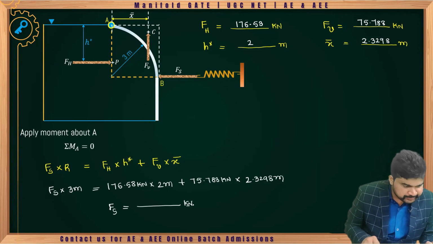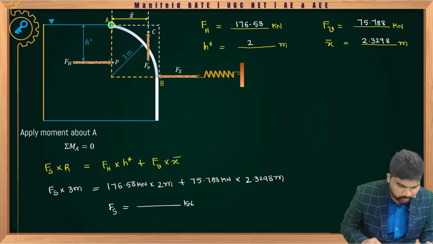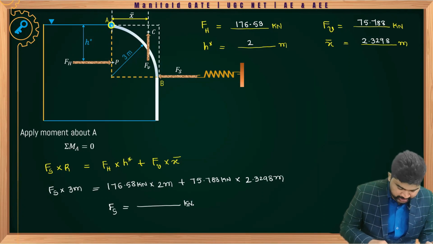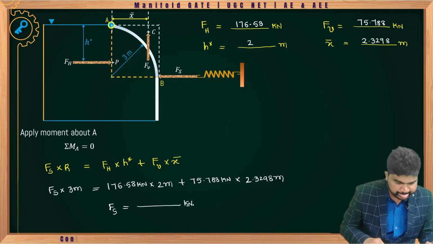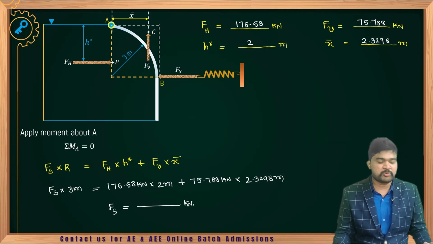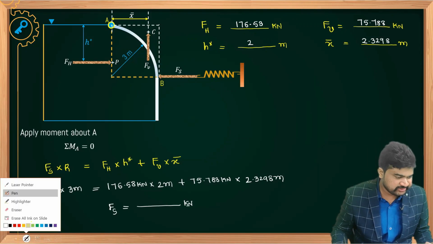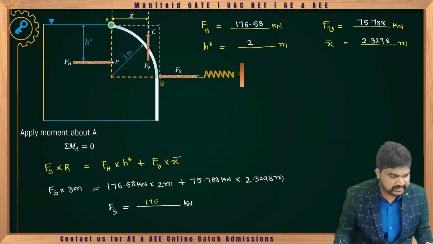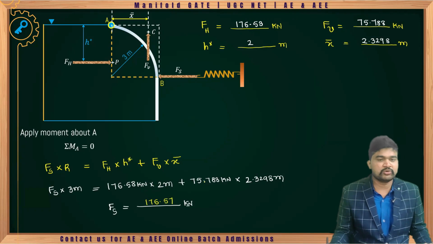Calculate and tell me. 176.58 into 2 plus 75.788 into 2.3298, divided by 3, you will finally get 176.57 kilonewton.